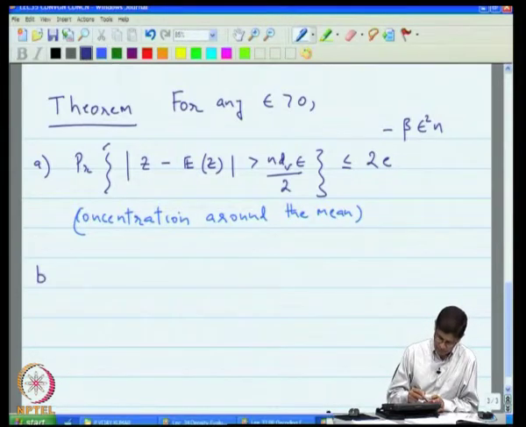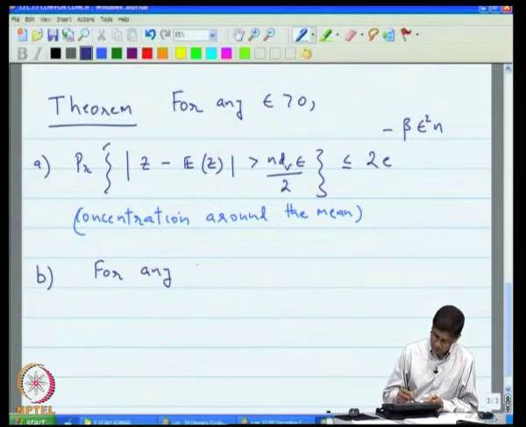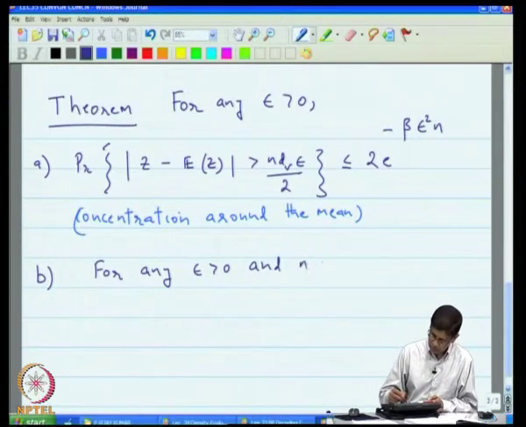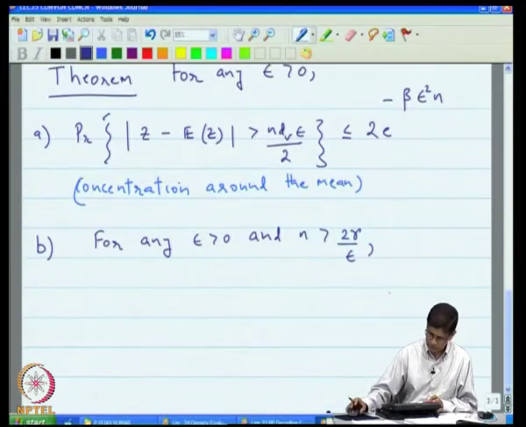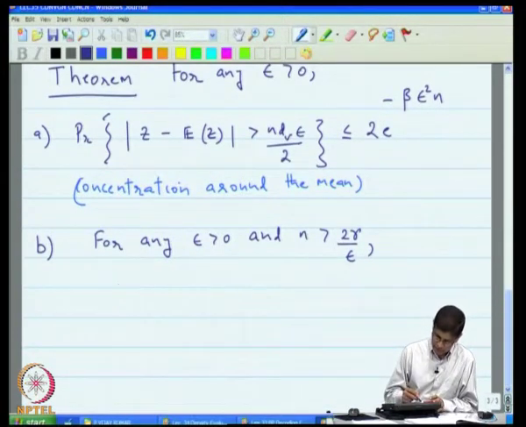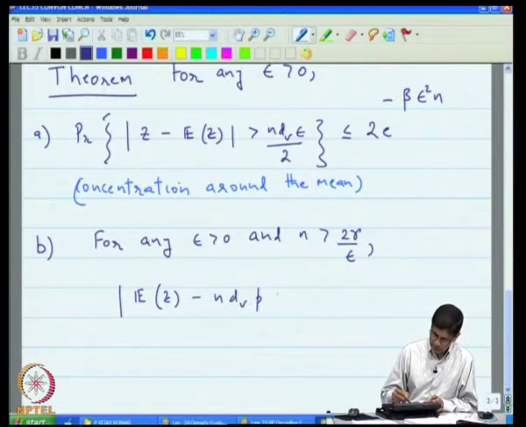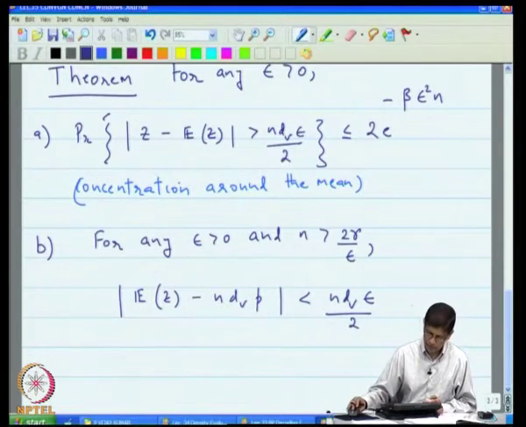Then B, for any epsilon greater than 0 and n greater than 2 gamma by epsilon, the magnitude of the expected value of Z minus n d_v p is less than n d_v epsilon by 2.